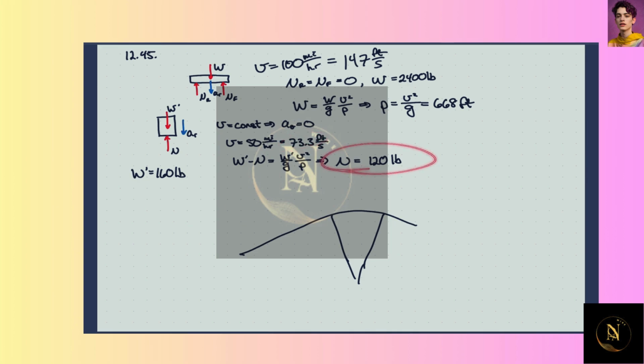That turns out to be the apparent weight, or the normal force on the driver from the seat, which is simply 120 pounds. So basically the driver's effective weight looks less. If you put a scale in here, you would only measure 120 pounds instead of 160 pounds when you're going in a line.